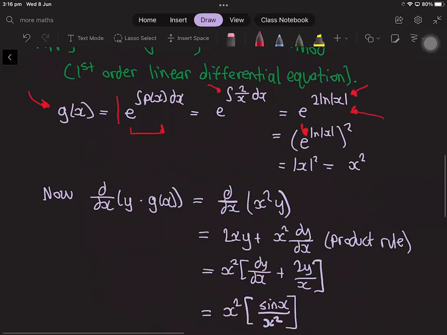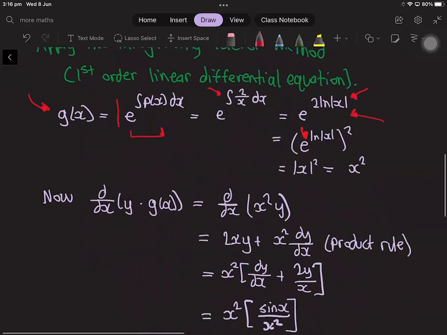So now we can apply the integrating factor technique by taking the derivative of y times g of x, and this is the same as the derivative of x squared y. And now using the product rule, we obtain 2xy plus x squared dy over dx. And if we take a factor of x squared out, we will get x squared times dy over dx plus 2y over x.